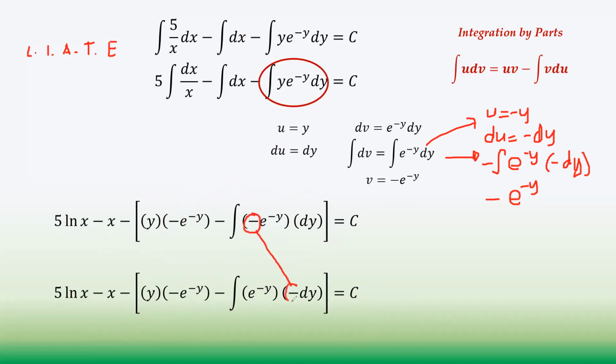Kaya siya nag-positive dito, ito nag-negative. So, ganun lang ginawa ko. Nilipat ko doon, kasi kailangan ko siya mamaya sa du. Para di na ako mag-multiply ng negative sa maglalabas ng negative sa integral sign. So, yung negative niya, nilagay ko dito. Okay. Tuloy natin.